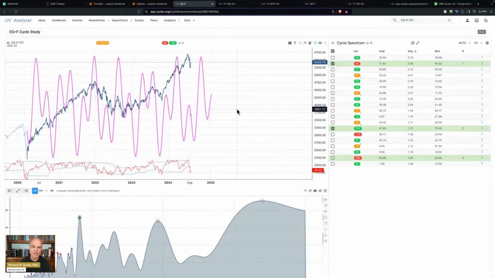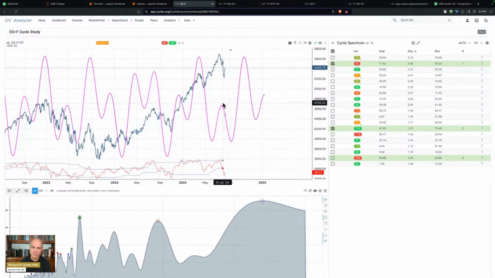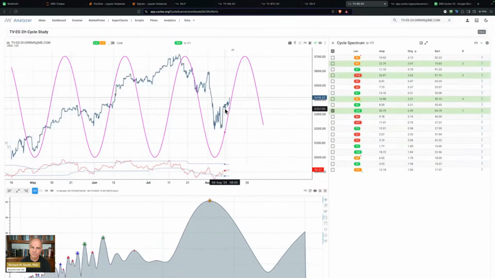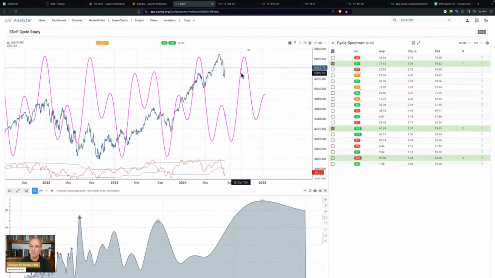So if we look at the daily cycles, we still have got some bearishness on the daily cycles, but the 2-hour cycles are solidly up. So that gives me caution. I don't want to be backing up the truck and buying right now, but when I'm focused on a 2-hour cycle, I'm inclined to be long right now in the equities.